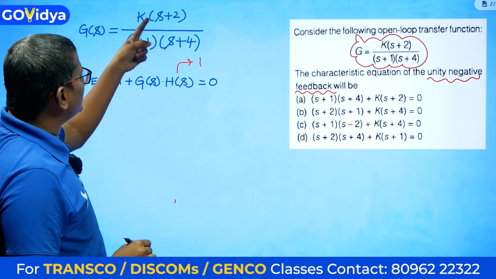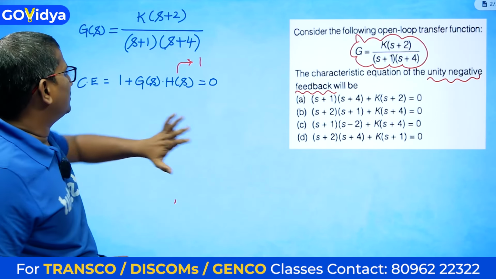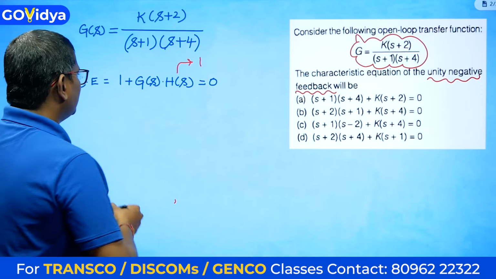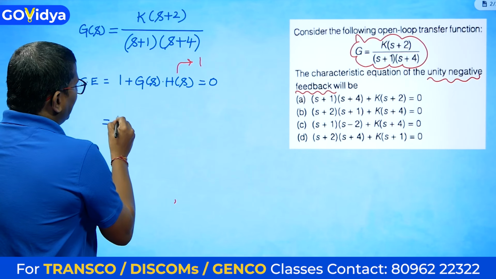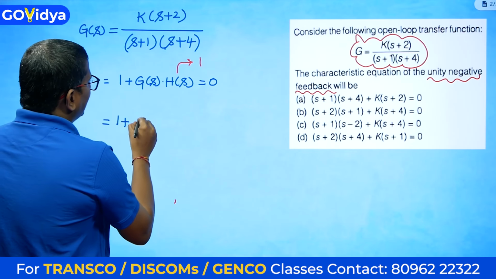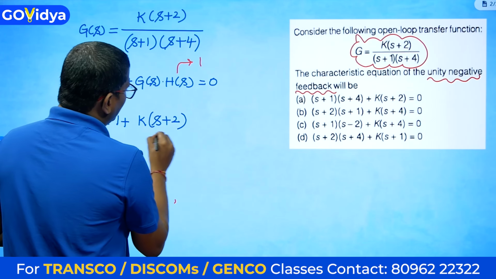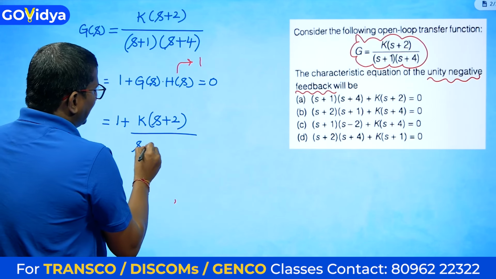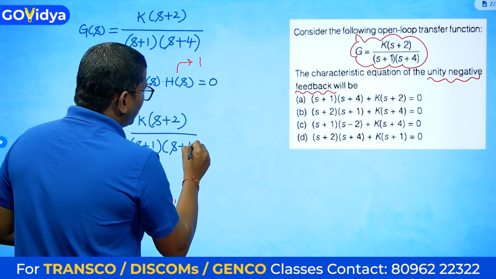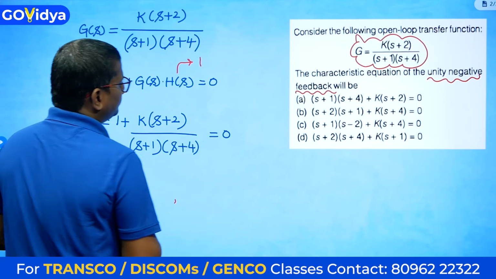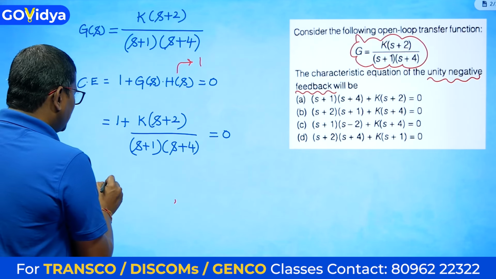Already we know G(s), so G(s) into H(s) means this entire transfer function multiplied by 1. Now what will the characteristic equation be? We can write 1 plus K into (s plus 2) divided by (s plus 1) into (s plus 4), equals 0. Now rearrange this equation.